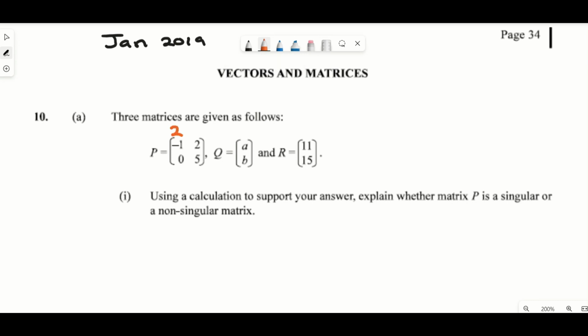So P is a 2 by 2 matrix. This one is 2 rows multiplied by 1 column, and R is the same thing, 2 rows multiplied by 1 column.